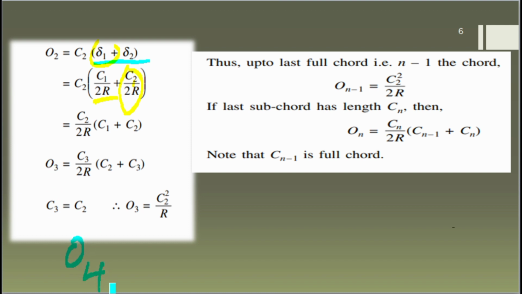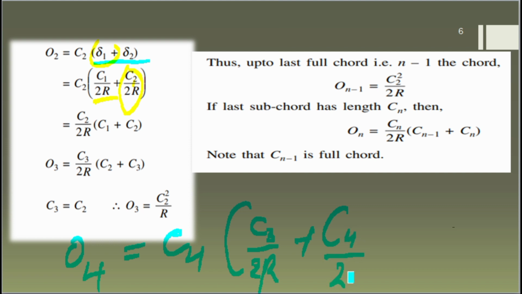So offset 4 will be equal to C4 into the offset that is previous. The previous offset was from C3, so that is C3 over 2R, plus the current one, that is C4 over 2R, the same.